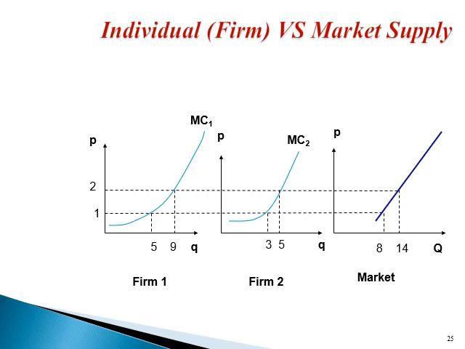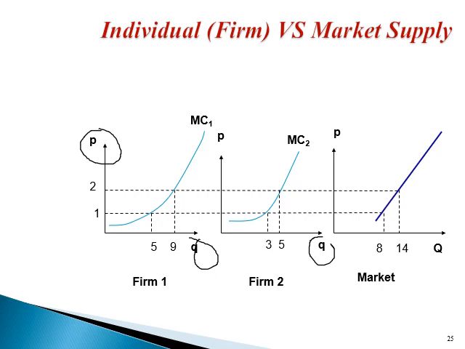Because we are talking about a supply function, we are measuring price. This is the price of output, and the quantity supplied or the quantity produced is measured here. The small q is the production made by firm 1, and the small q here is the production made by firm 2. Both firms face the same market price.